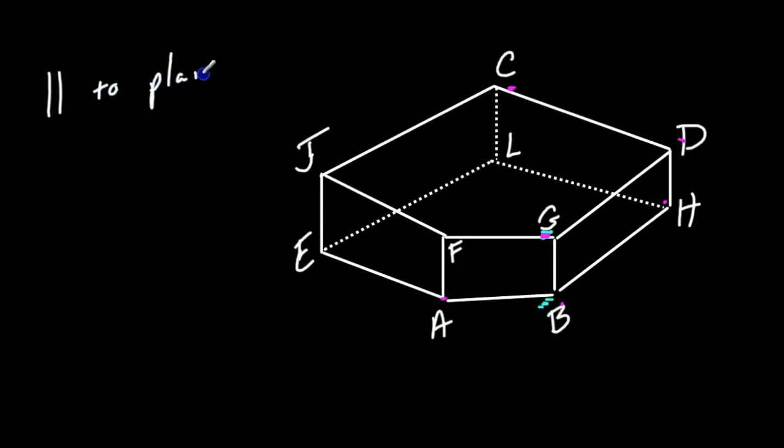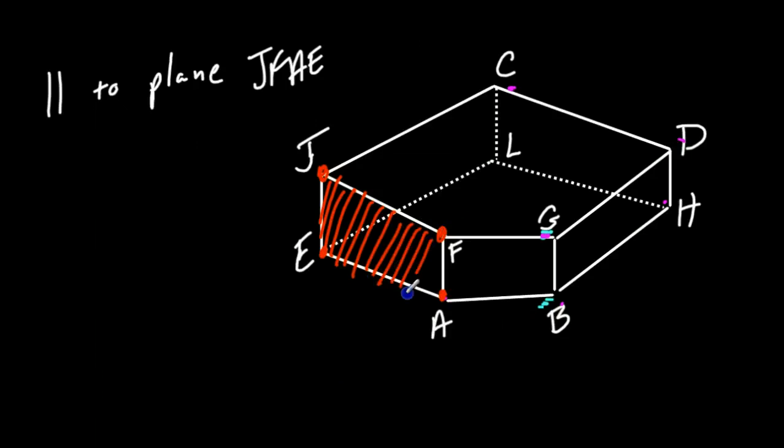All right, I want to know what lines are parallel to plane JFAE. So we're talking about J, F, A, and E. That is this front plane right there. I want to know all the lines that are parallel to it.